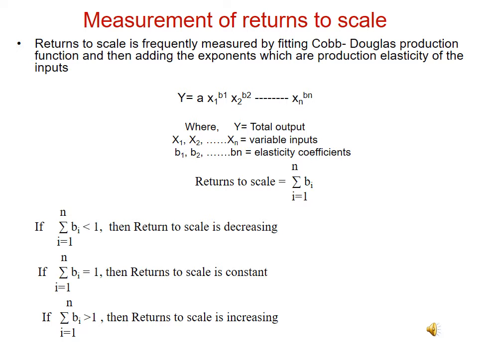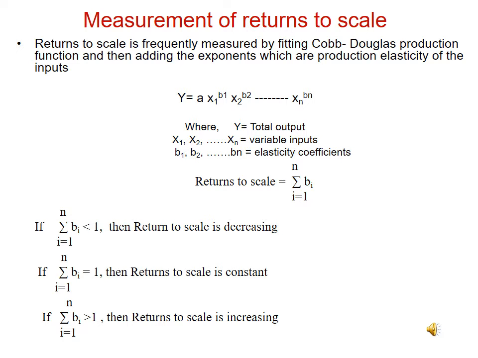So returns to scale would be measured like this by summing up all the elasticity coefficients b1, b2 up to bn. So if the summation of this elasticity value gives a result which is less than 1, we call the returns to scale is decreasing. And if the summation of this elasticity values gives a result which is equal to 1, in that case returns to scale is constant.